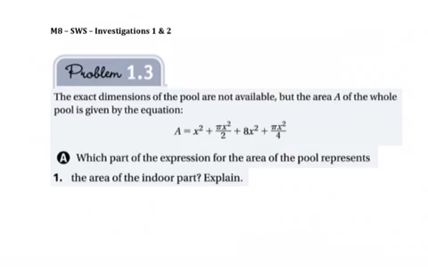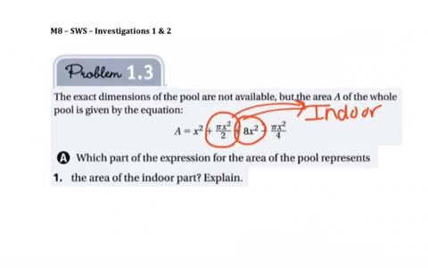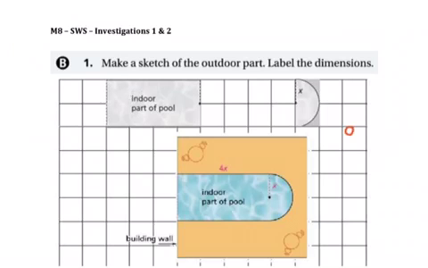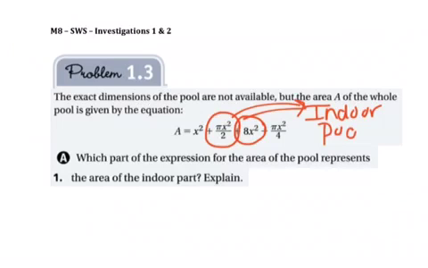Okay, so let's go to this awful, ugly equation. But I look at this and I see this and I see this. So I know these 2 pieces have to be the indoor pool.